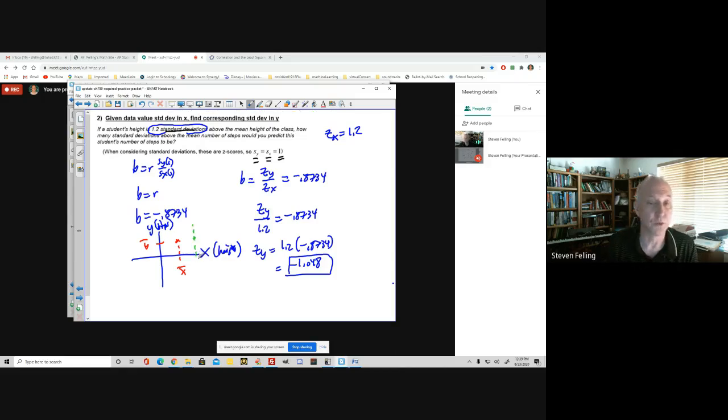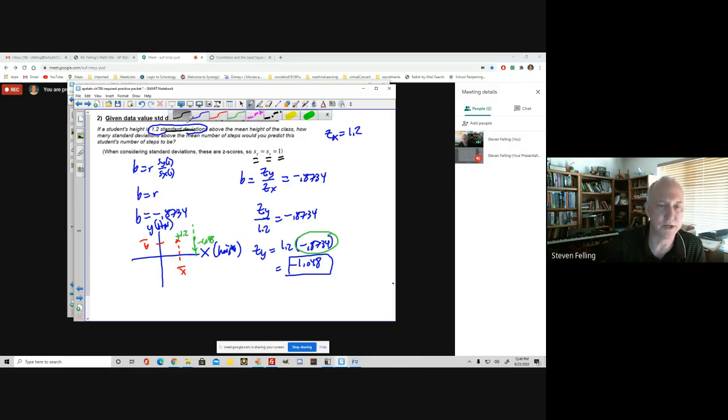So what we're saying is they're not going to be 1.2 standard deviations above the average steps. To get that, we have to take that 1.2 and multiply it by the correlation coefficient to know that it's, first of all, negative, and we only go 8/10 of the way down. So they're 1.2 standard deviations above the average height, but they turn out to be 1.048 standard deviations below the average steps.